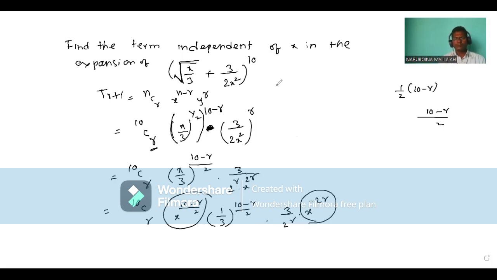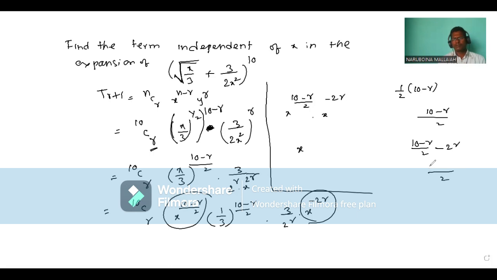So write x to the power of (10 minus r) by 2 into x to the power of minus 2r. Now bases are same, so we have to add the powers. (10 minus r) by 2 plus minus 2r.